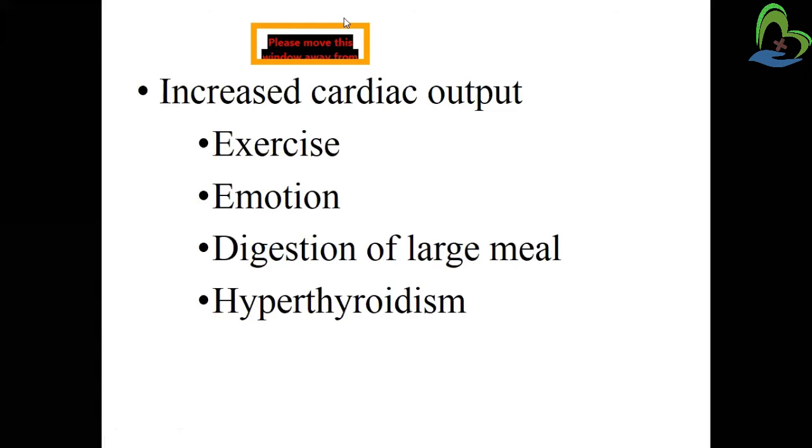Next is increased cardiac output. What is increased cardiac output? It means the heart is pumping harder, struggling harder with the ejection of a lot of blood into the body, during exercise, during emotion, during digestion of large meals, and in hyperthyroidism. All these are leading causes of increased cardiac output, because the organs' demand increases a lot and makes the heart work harder.